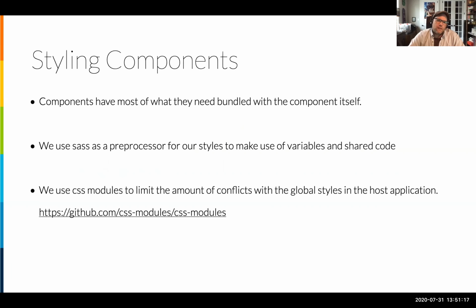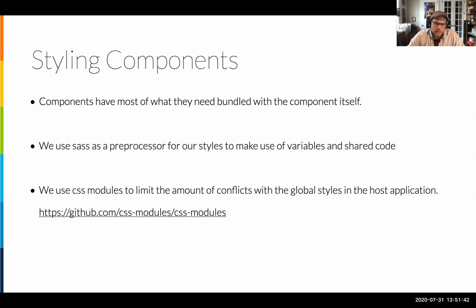To style our components, I found that in dealing with the couple of applications that we've got right now, we're using Sass and Node Sass as a foundation. So that's what we started with. We've started to branch off on that a little bit as the requirements for the components, in particular the grid component, have gotten really complex.